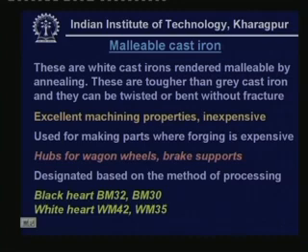Now, these malleable cast irons are designated depending upon the method of processing.